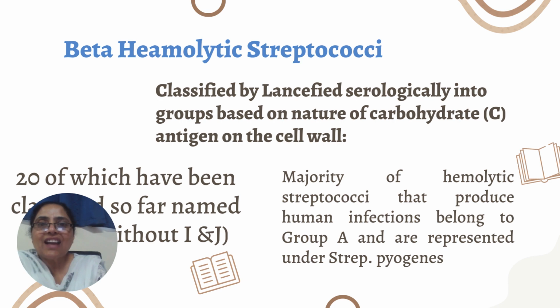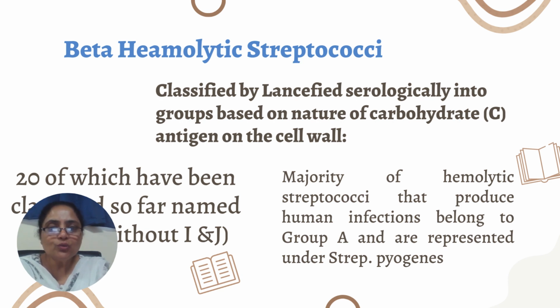So Lancefield classified the streptococci on the basis of the carbohydrate antigen present on the cell wall, and there were 20 different combinations, starting from A, where I and J are missing. Group A contains the most pathogenic organisms, and the species that represents group A is Streptococcus pyogenes.